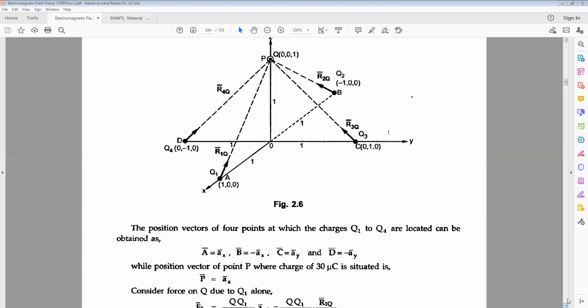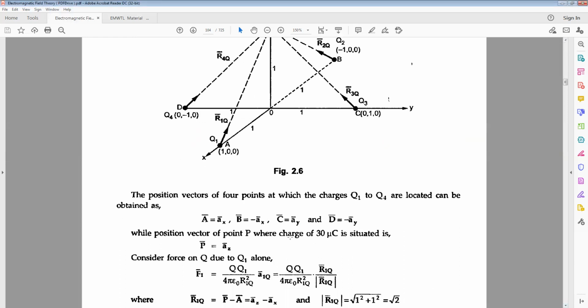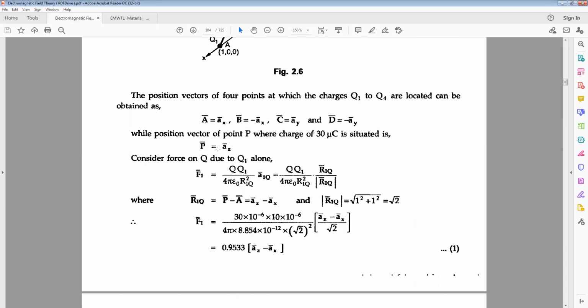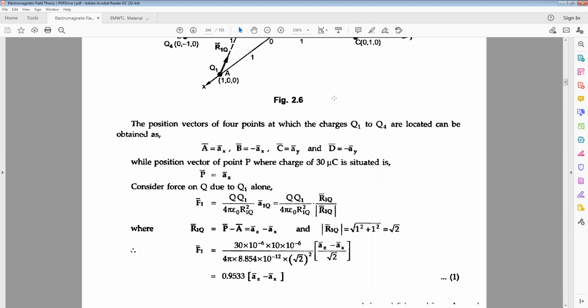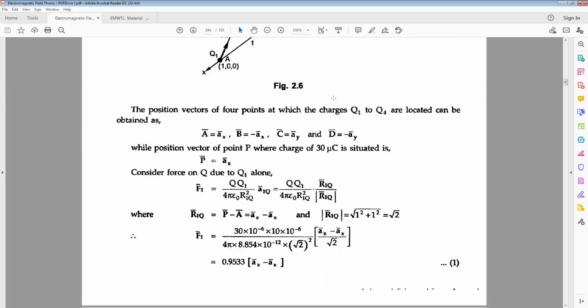While the position vector of the point P, where the 30 microcoulomb charge is situated, is 0, 0, 1, which means AZ. So P bar is equal to AZ bar. There is no term of X and Y.